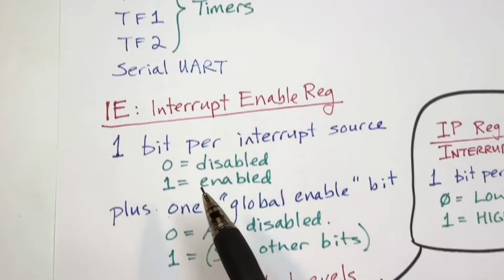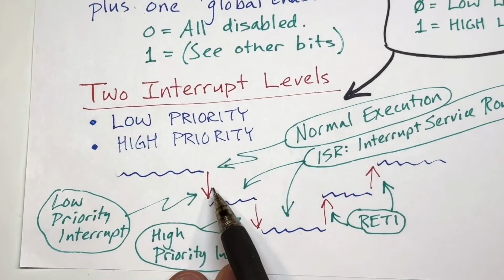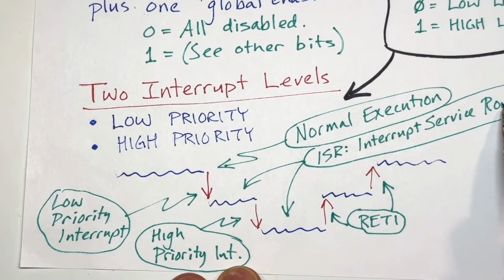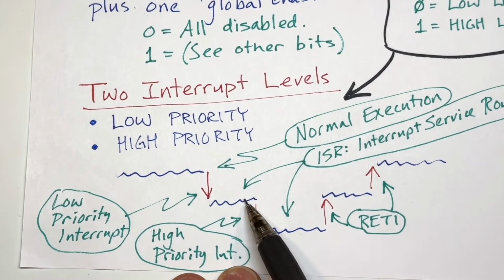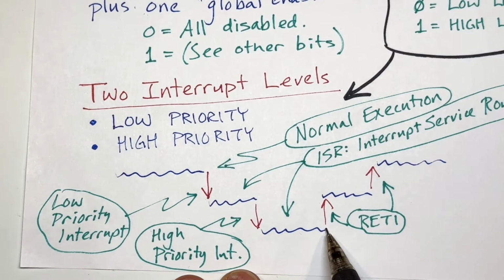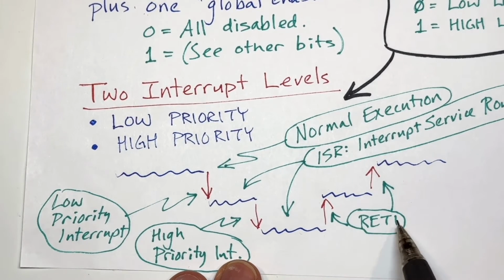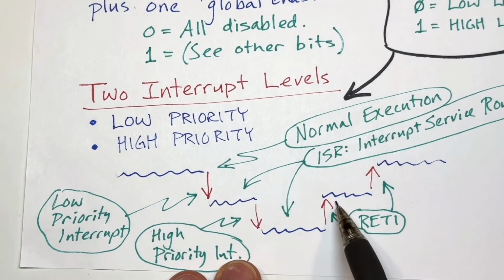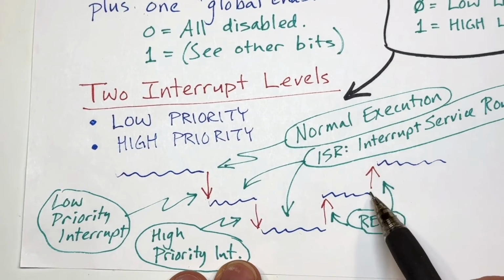So if we are executing a low priority interrupt and a high priority interrupt occurs, then we will stop executing the interrupt service routine for the low priority interrupt and switch over to another interrupt service routine, and that will run at the high priority until it is done. Then when it does a return from interrupt, we will return to the low priority interrupt, and run that until it completes.